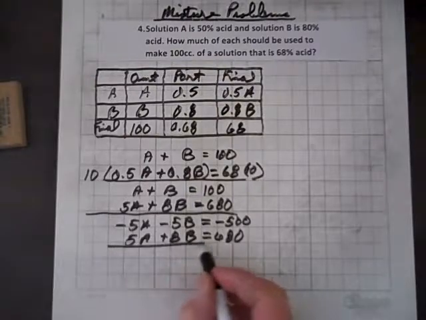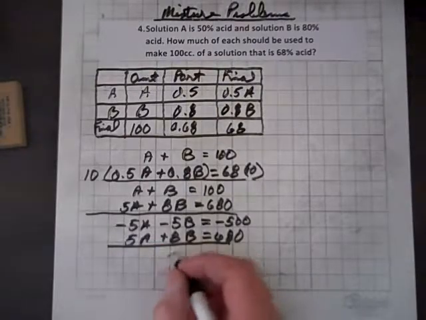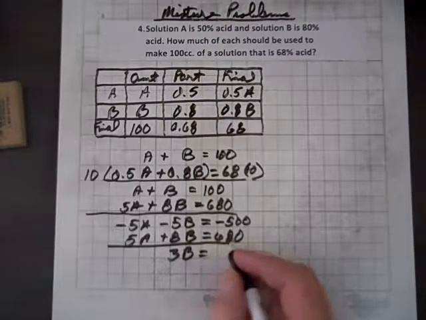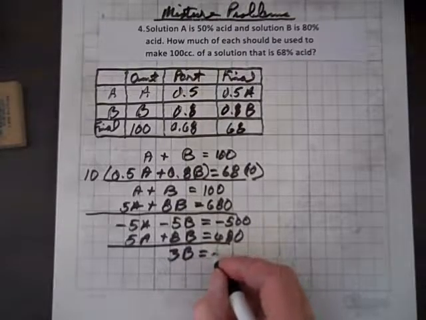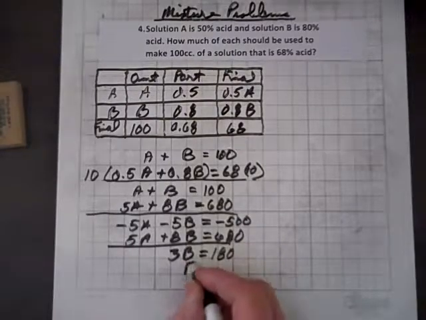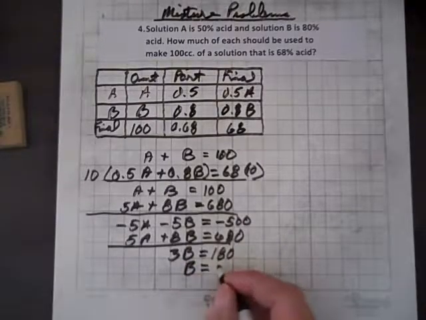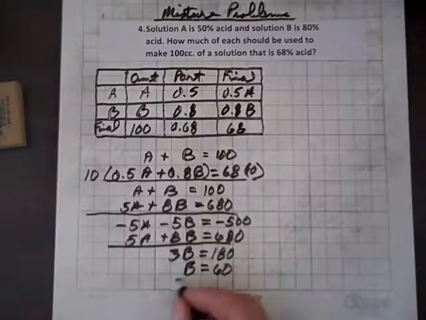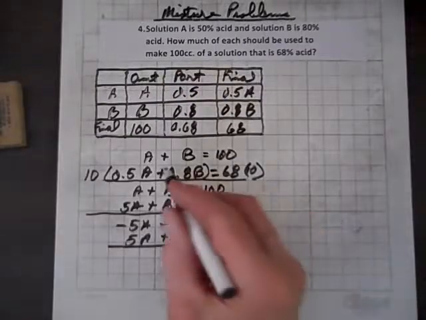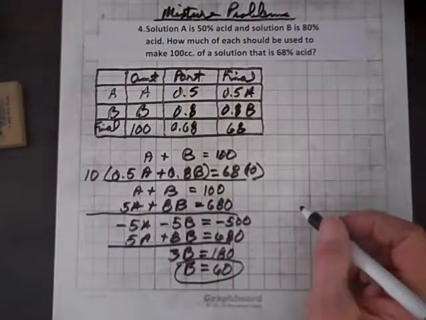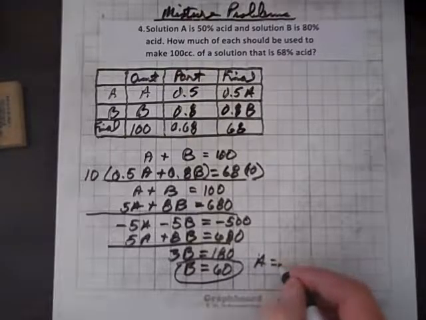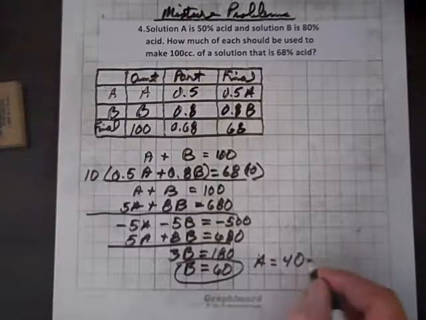And now when we add these up, the A's cancel out, and we get 3B equals the difference of these two, which is 180. Dividing through by 3, we get B equals 60. So if B equals 60 and the sum of the two has to be 100, then A must equal 40.